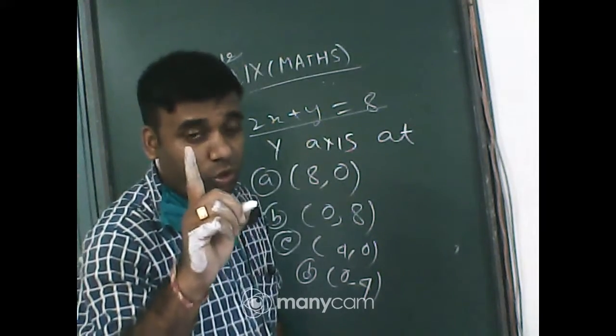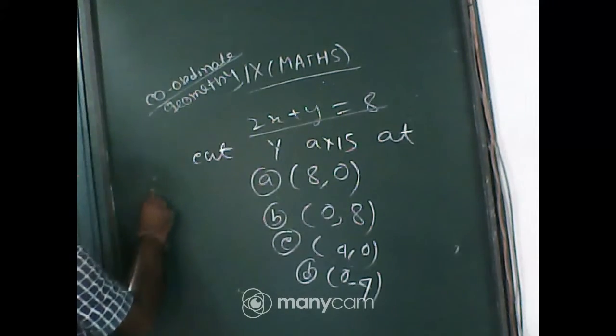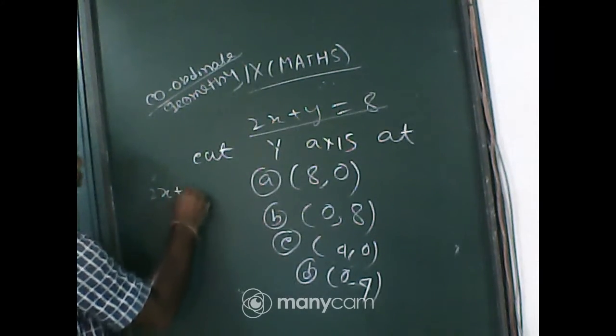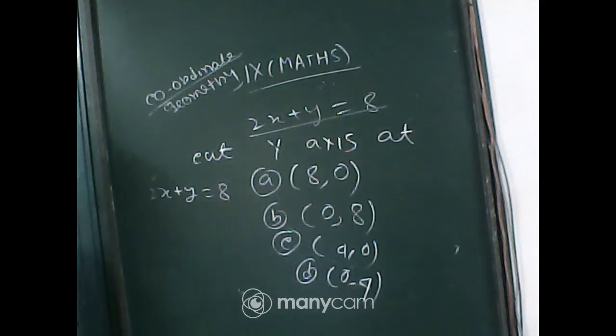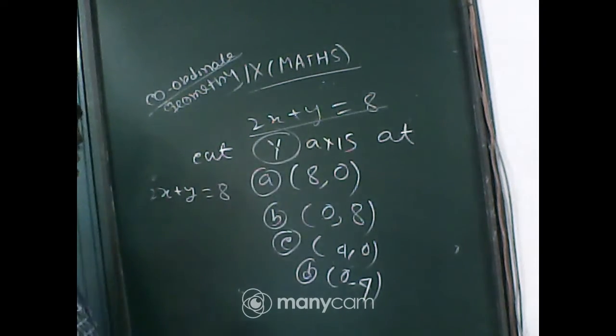Just write it down: 2x plus y equals 8. Okay, cuts the y-axis. So it is very easy.